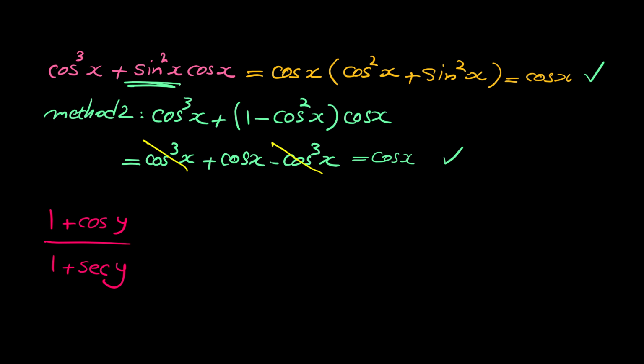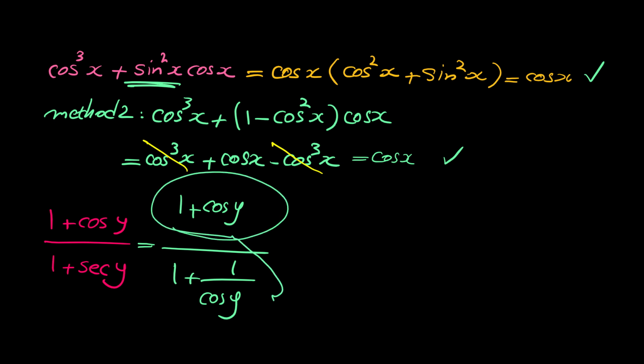So here immediately we write this as 1 plus cosine y over 1 plus 1 over cosine y. So here we use the reciprocal identity. My reason for that is that in the numerator I also have cosine, and it's a good idea to replace this with 1 over cosine because secant is 1 over cosine.